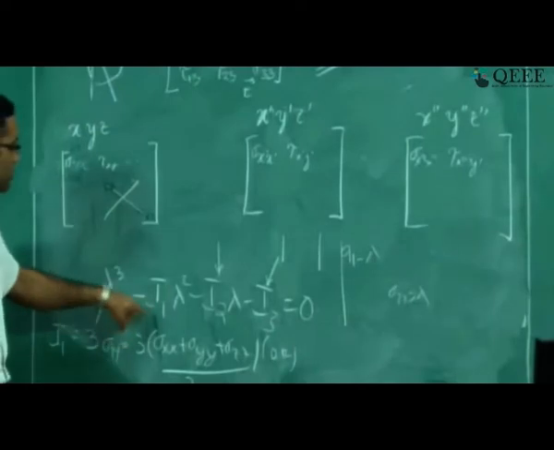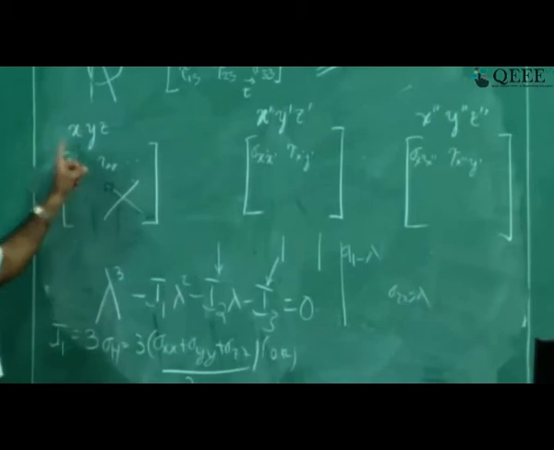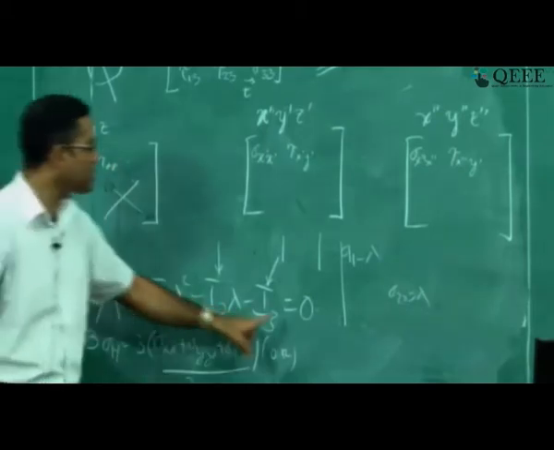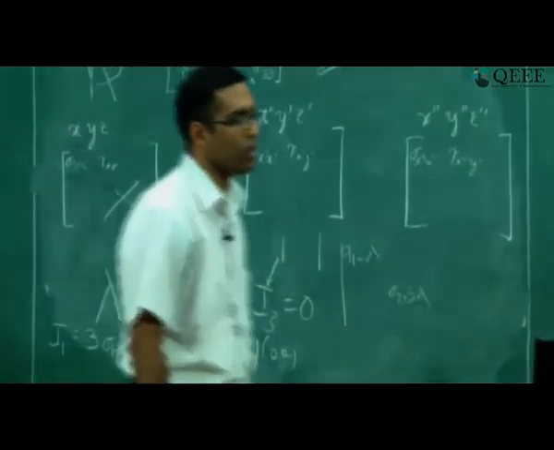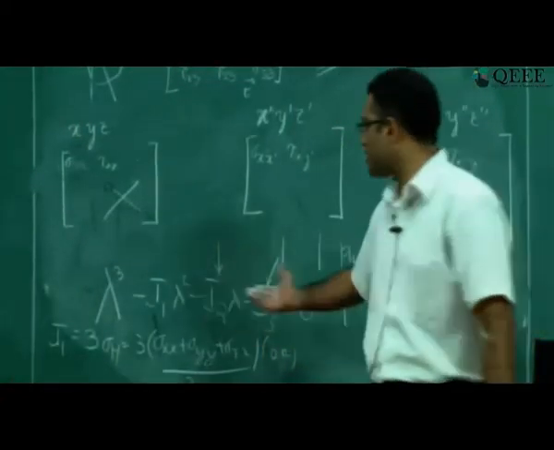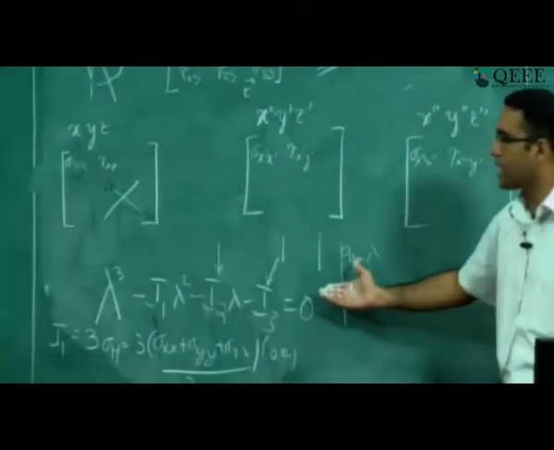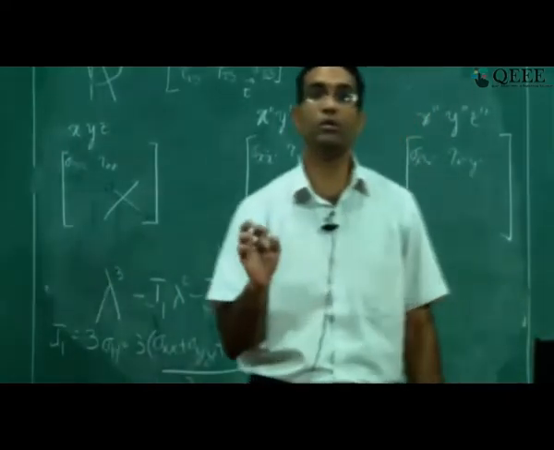It becomes very easy if you know that I1 is the sum of the diagonal components, I2 is the negative of the sum of the principal minors, and I3 is the determinant. So you can easily find the characteristic equation, and once you know it, you can find the principal stresses. So now you know how to find the principal stresses.